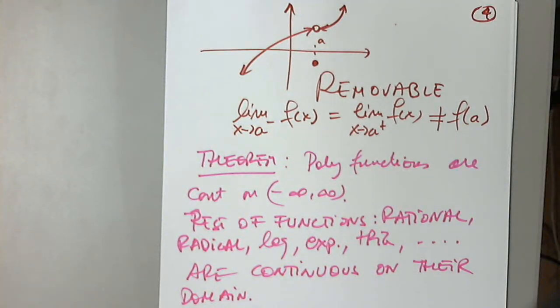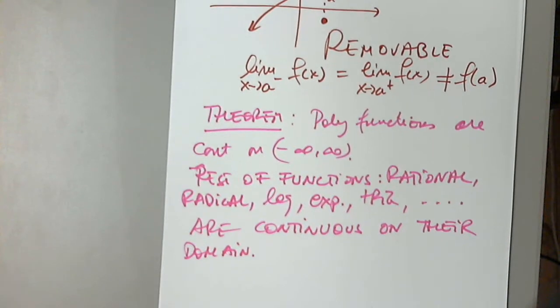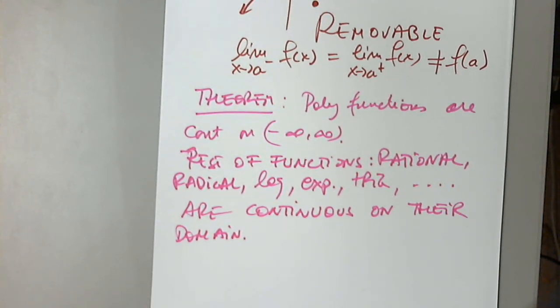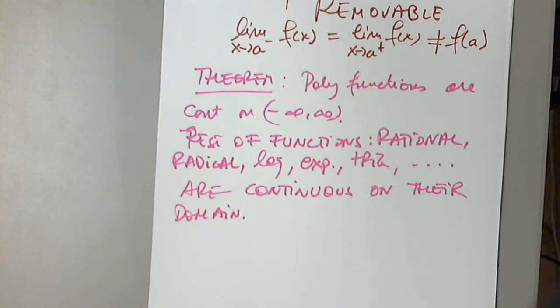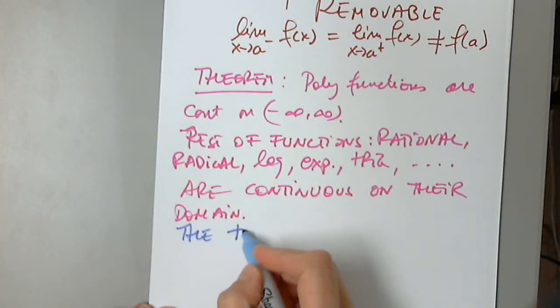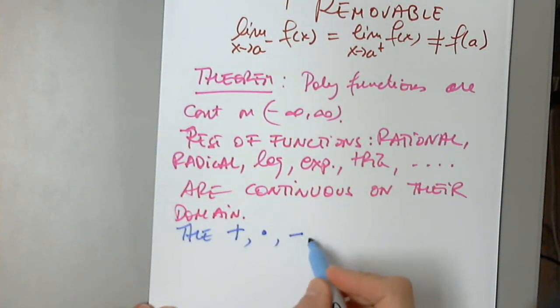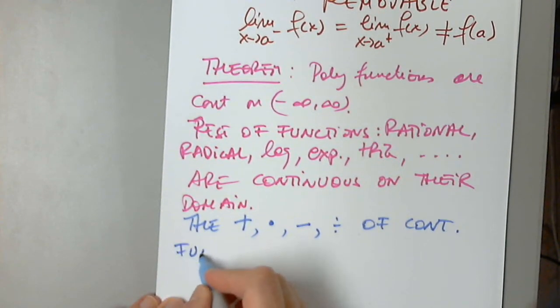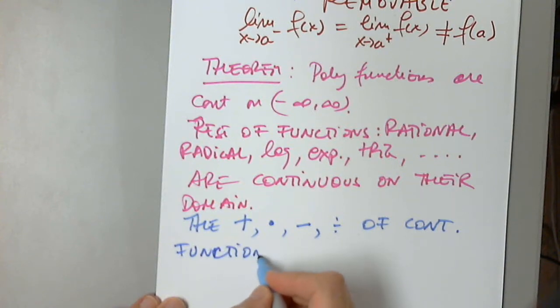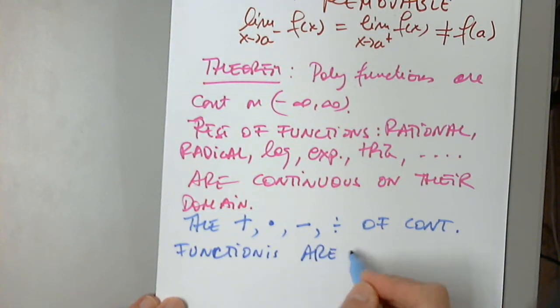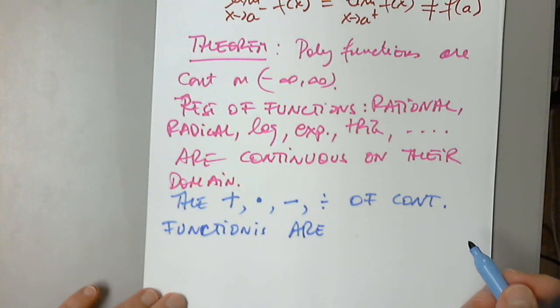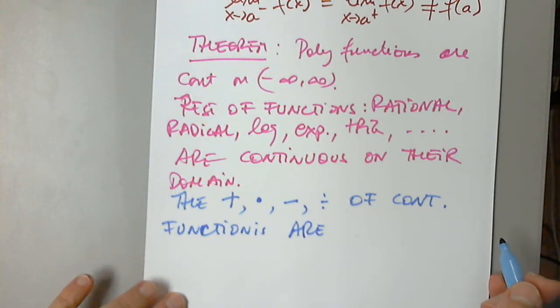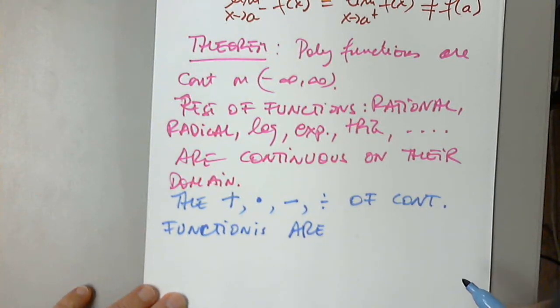Here's a question for you before we look at examples and before we introduce one more definition. The sum, product, difference, ratio of continuous functions are... If I add two continuous functions, what do you get?